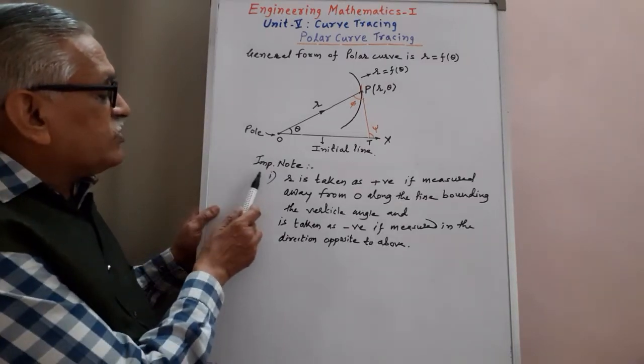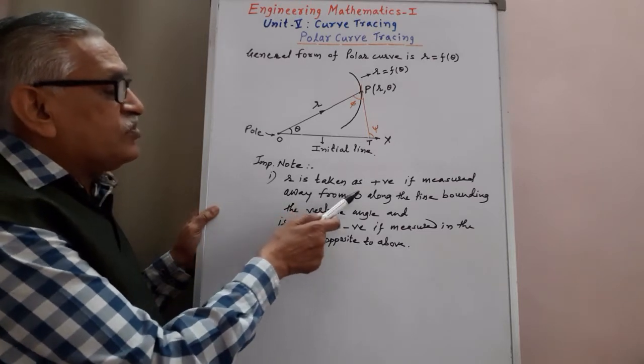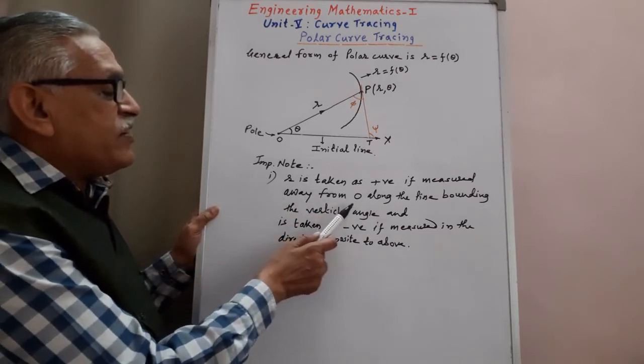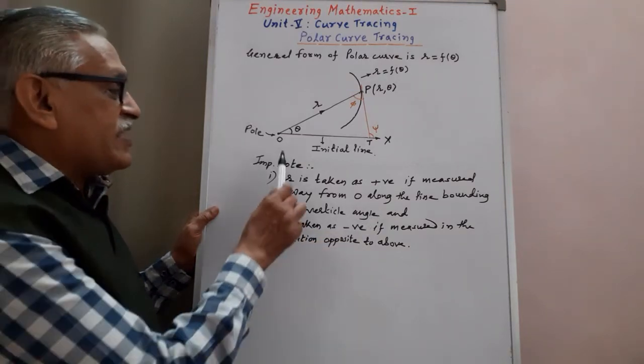Then one important note: r is taken as positive if measured away from O along the line bounding the vertical angle.